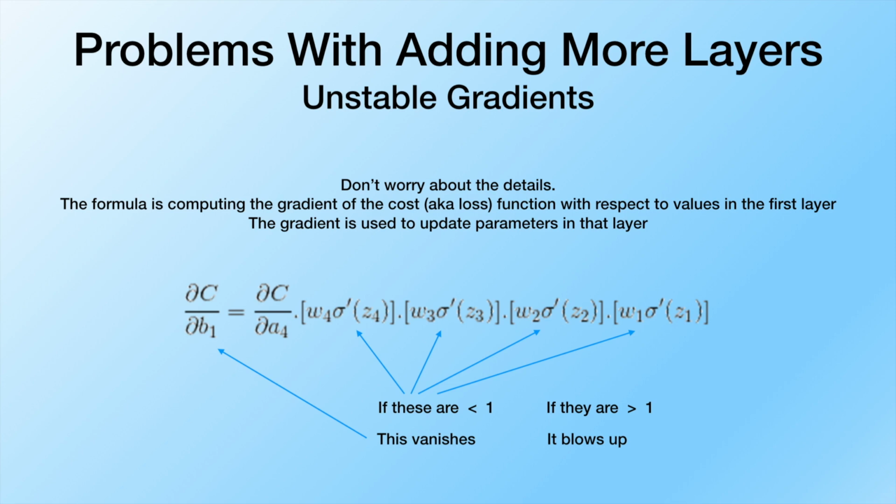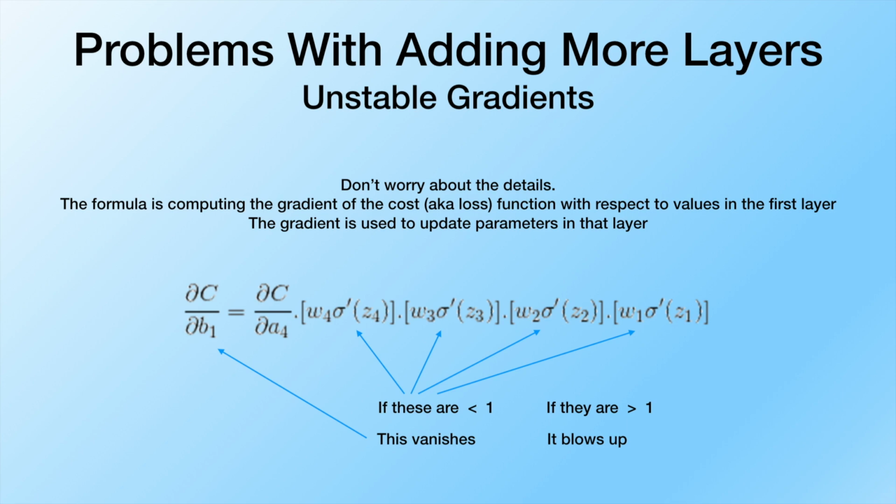So while it learns well at the later layers, because you don't have that vanishing problem yet, as you work backwards, you will. Now, if the values are much greater than 1, then you're just going to have an exploding gradient problem. So the value goes up to really large amounts, which means it's going to be hard to reach a minimum because you're going to be updating your weights by really large values.